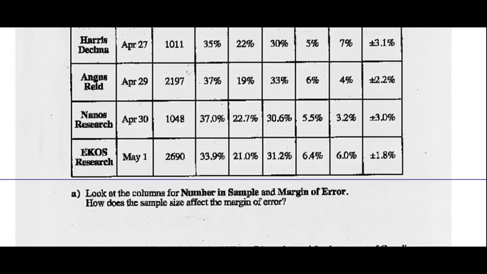Well, we should notice that the larger the number in the sample, what's happening to our margin of error? The larger the number in the sample, the smaller the margin of error.